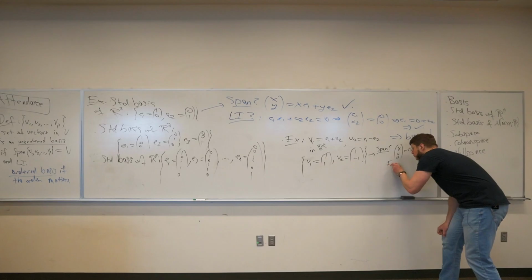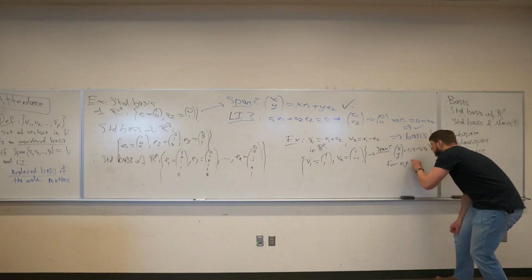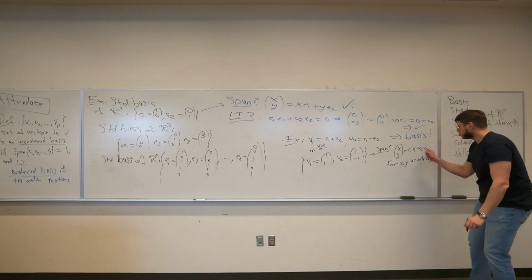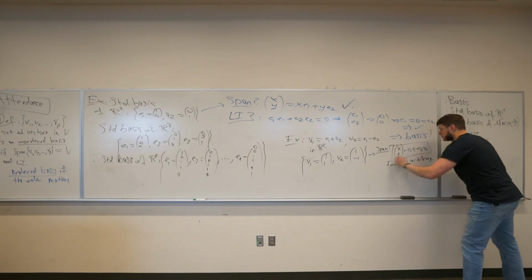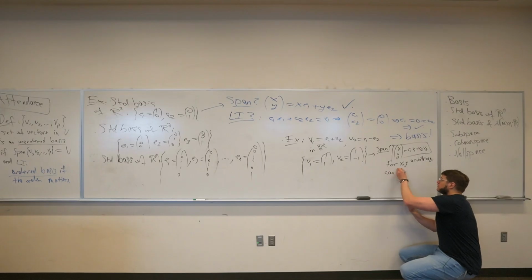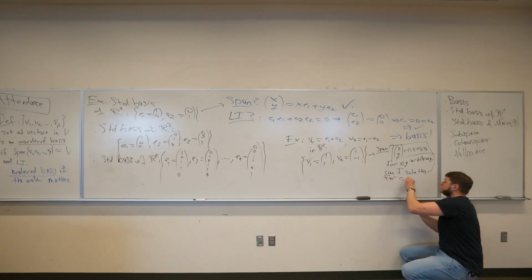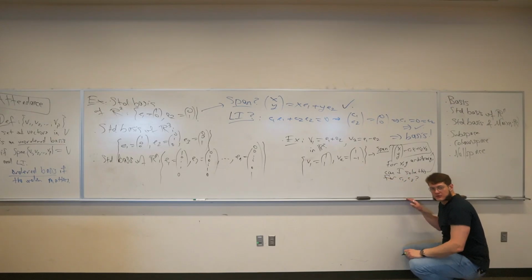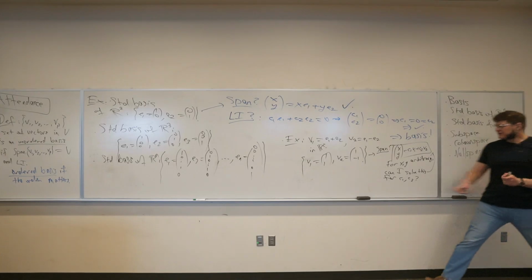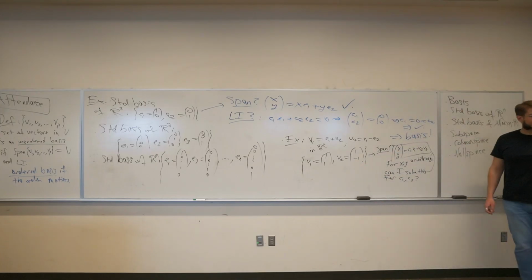So for xy arbitrary, can I solve this for C1, C2? That's what it means to verify or figure out if these two vectors span everything.